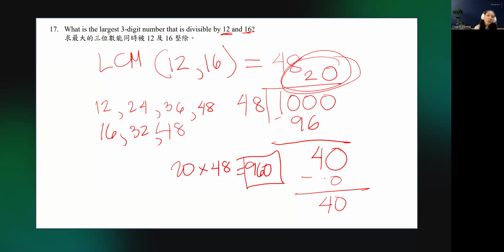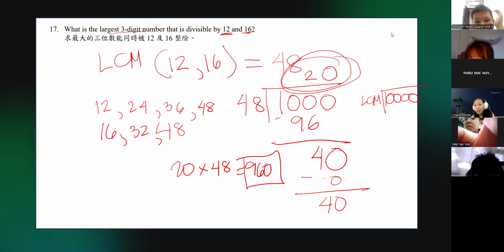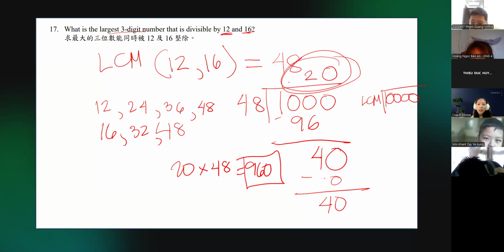If you were asked for the largest four-digit number, then you'd say 10,000 divided by the LCM. All right? Questions? Please unmute if you do. Can you divide both of the numbers by prime numbers?